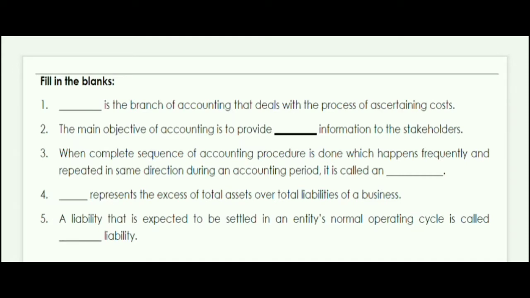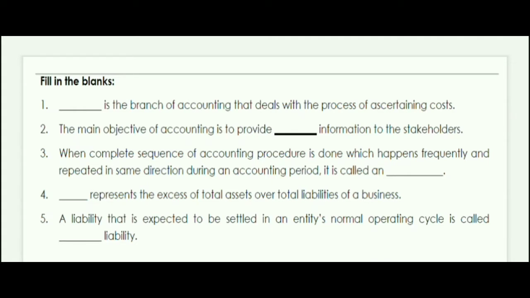Now let's see the next question. The main objective of accounting is to provide blank information to the stakeholder. Guys, any idea? This is a very easy question. If not, the options are financial accounting, accounting cycle, finance, net worth.